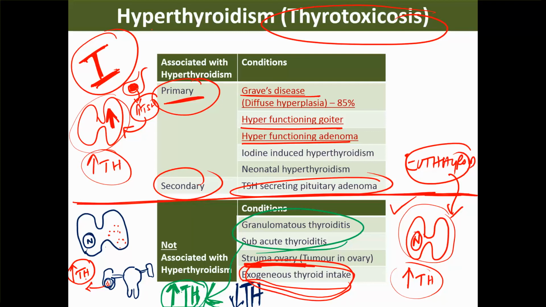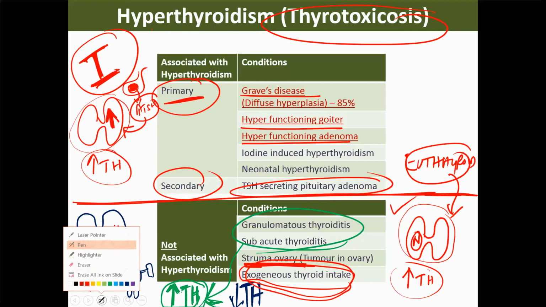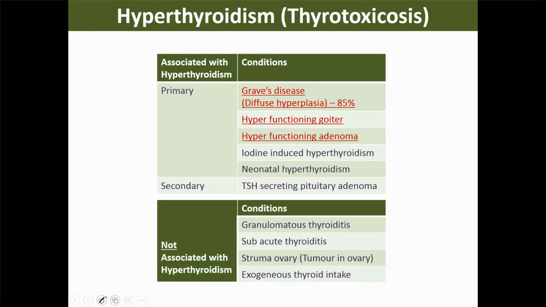So what you guys have to understand is how we tell whether it is normal functioning or hyperfunctioning, because in this condition both have increased thyroid hormone, right? Thyroid hormone is increased, but here the thyroid gland is functioning more.